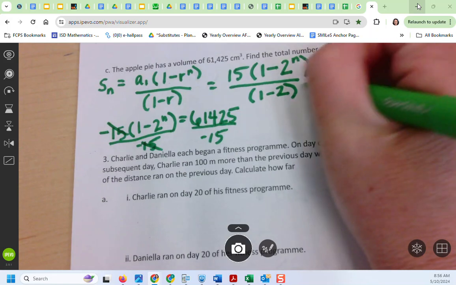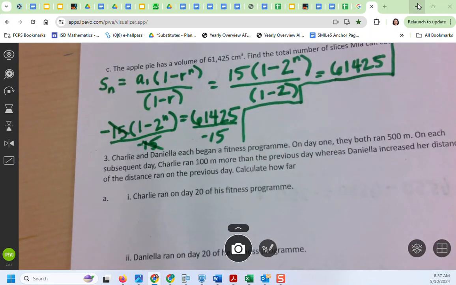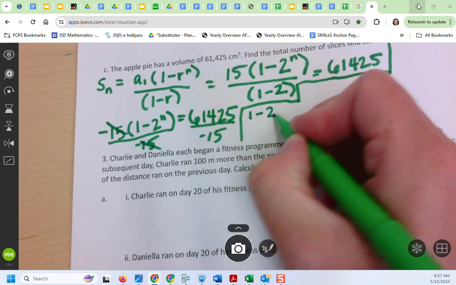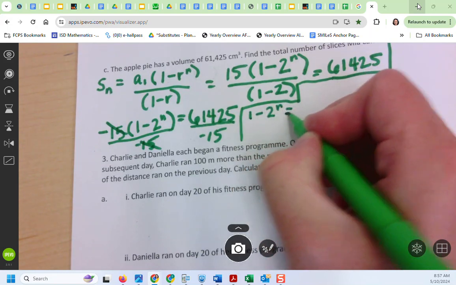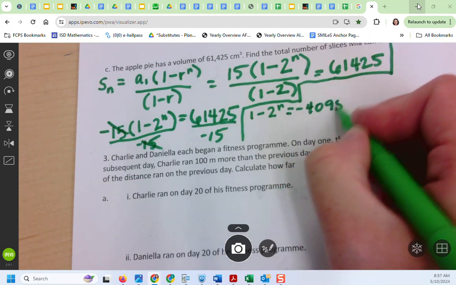Need to kind of make some space here. All right, next step, I'll divide that. 61425 divided by negative 15. 1 minus 2 to the n equals negative 4095.